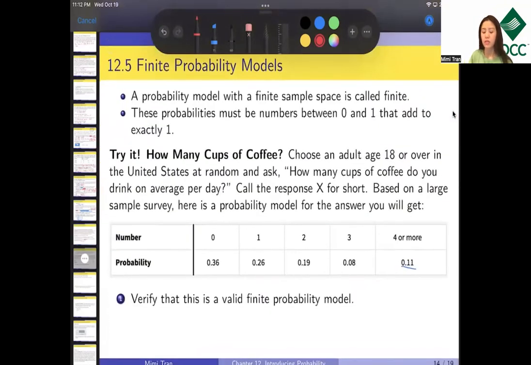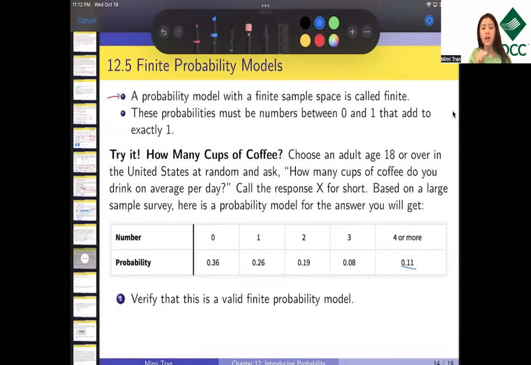Finite probability models. What is a finite probability model? A probability model with a finite sample space is called finite. These probabilities must be numbers between 0 and 1, and they add to exactly 1. So there are two things here.